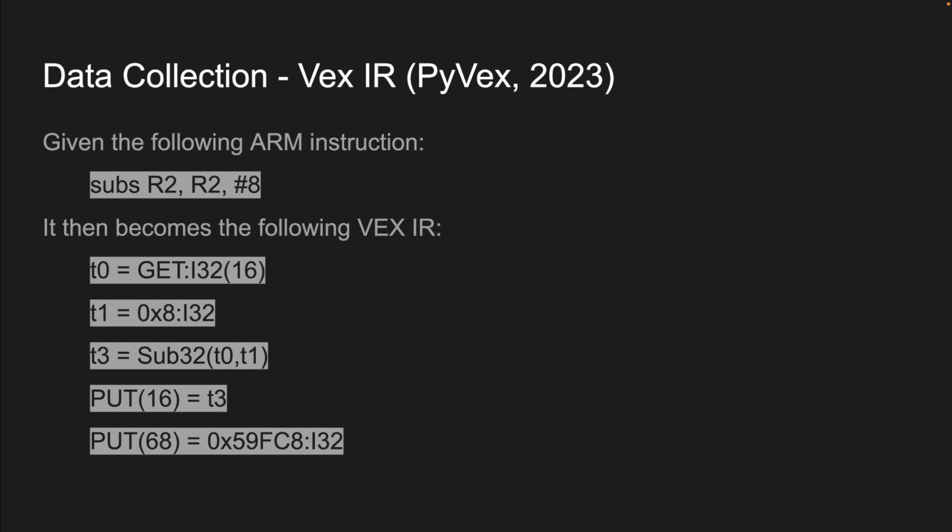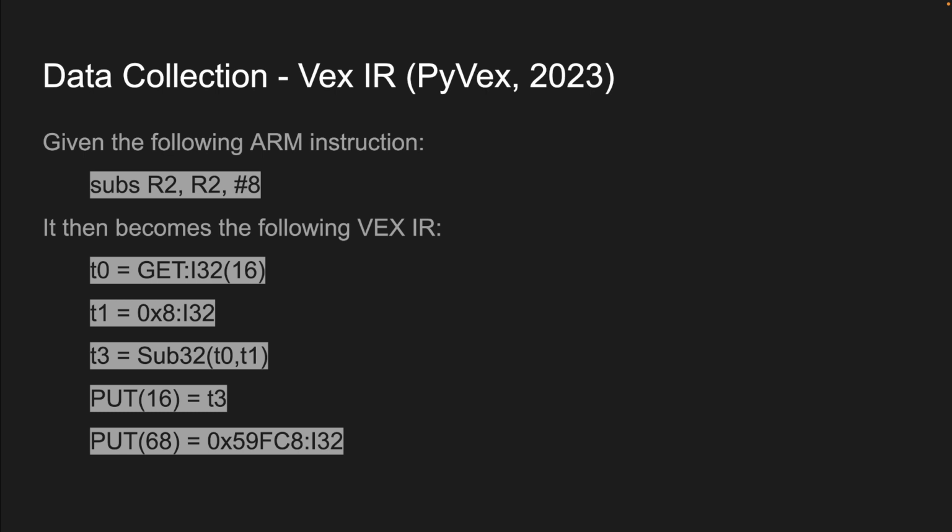This is an example of what a specific ARM instruction would look like if you expand it into its VEX IR. T0, T1, and T3 all represent temporary registers or variables created by angr for the VEX IR. Then you have the Get, which fetches the value, and then you have 0x8, which assigns it to a register, and then the Sub32, which is an operation subtracting T1 from T0.